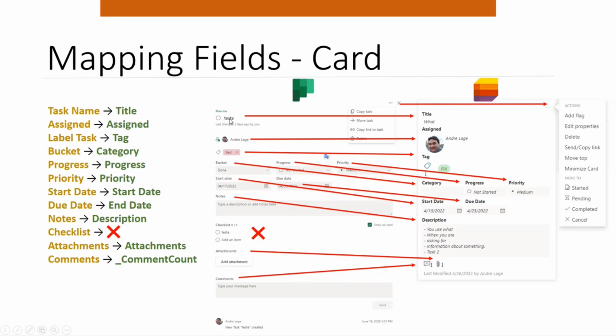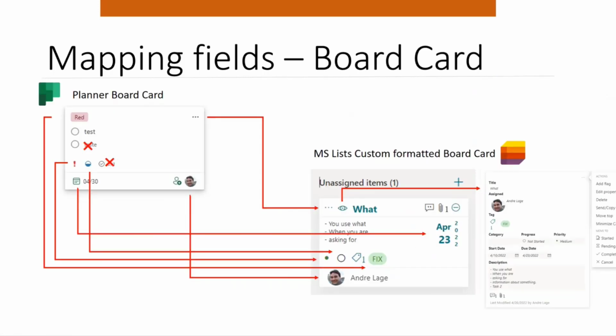From the left side, these are the cards coming from Planner, and on the right side is how the card will be displayed in the list formatting. This is what you're going to see on the board when you move the cards, and the same applies to the Planner board card. This is what existed there and how I adapted it and created some additional features that I will describe later on.